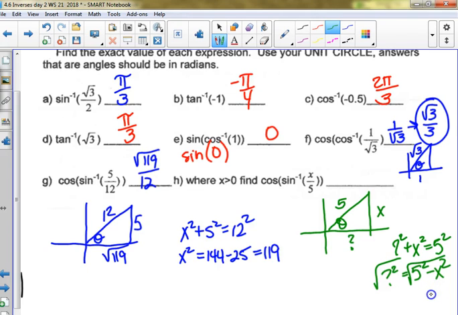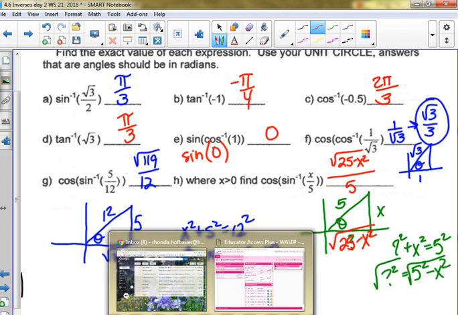No, never. What does it simplify a little bit to? You could write it as the square root of 25 minus x squared. Okay, what's the cosine? Yes, adjacent over hypotenuse. All right.